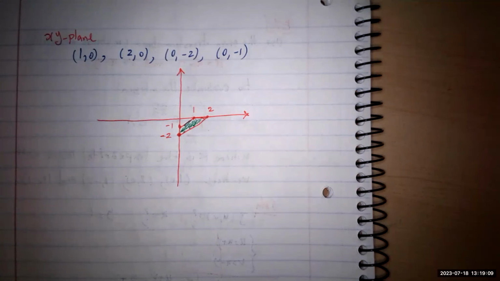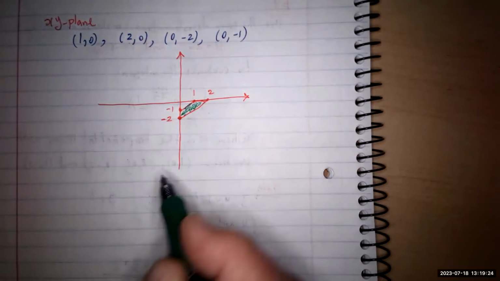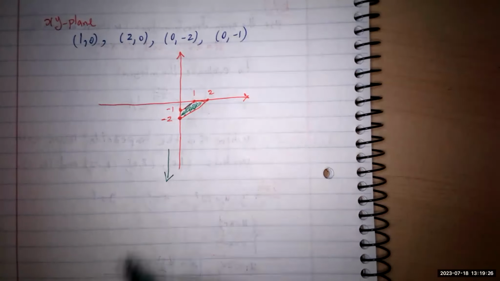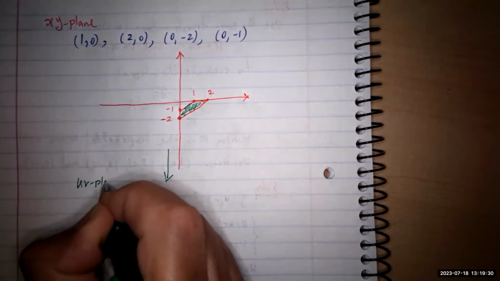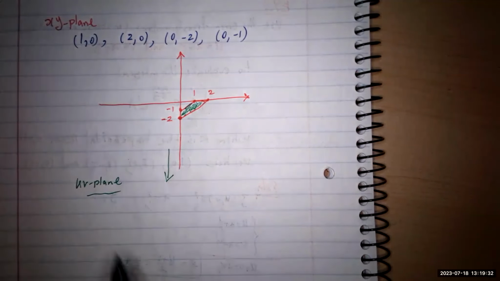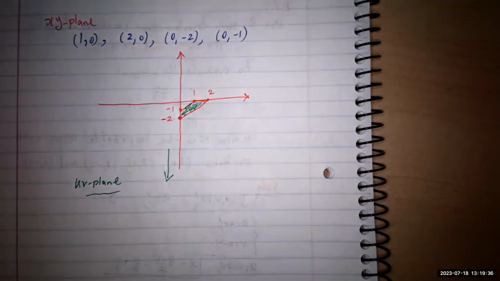So what I'm going to do is drop this one, change it, transform it into the UV plane. I have those crucial points, so I'm going to do the same thing with the transformation. Drop it down, go to the UV plane, and find these coordinates in the tables of U and V. What is the transformation?